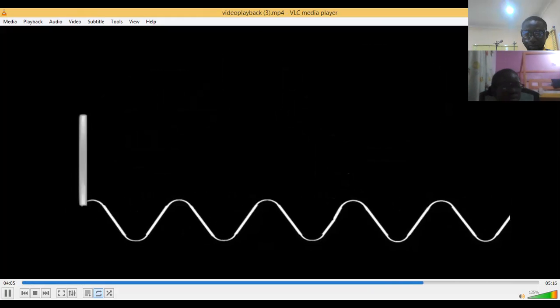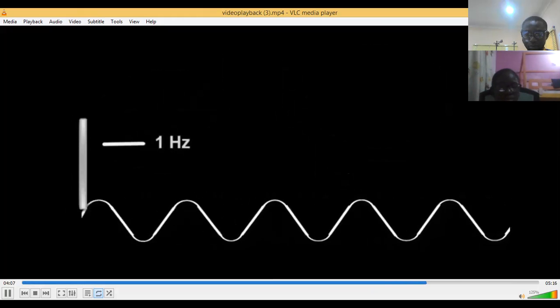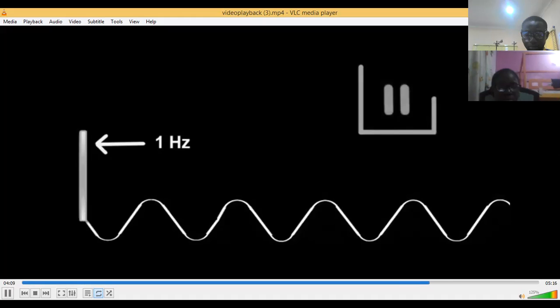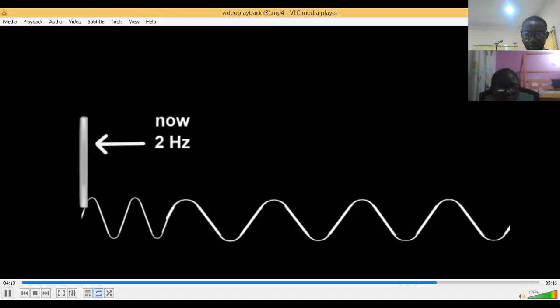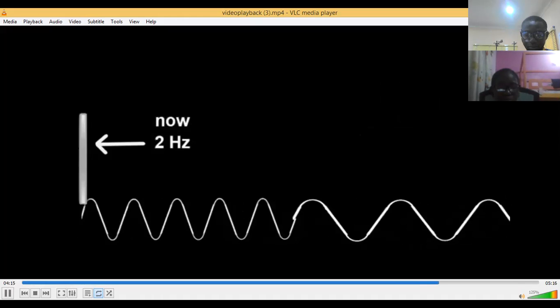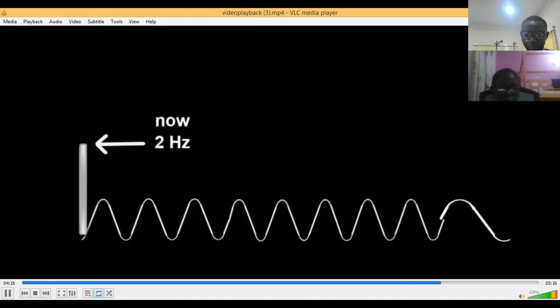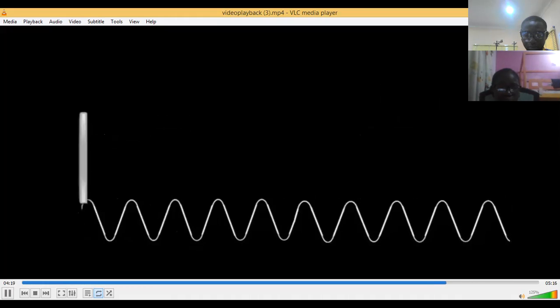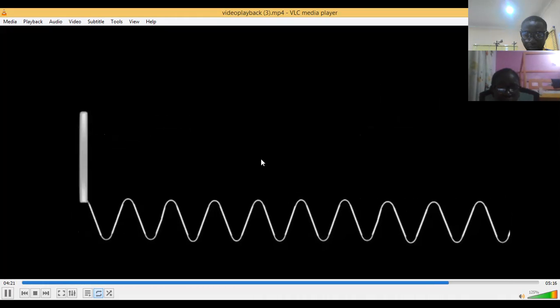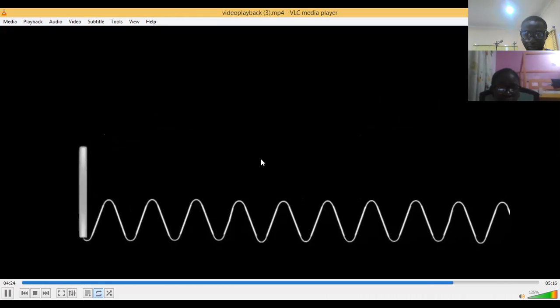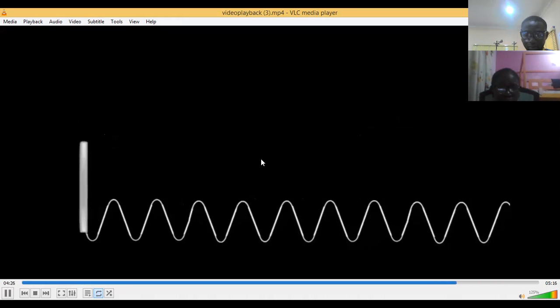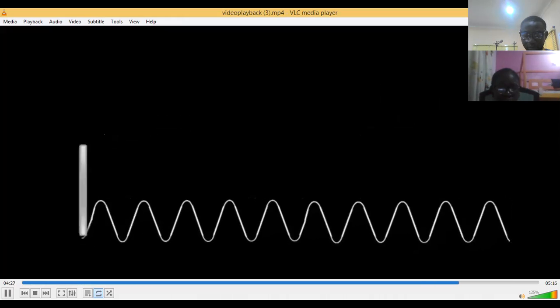Does anything increase the frequency by dipping the source in and out more often? Let's double it from 1 to 2 Hertz. Looking at the wavelength, we can see that it gets shorter. We doubled the frequency and the wavelength looks about half what it was before.